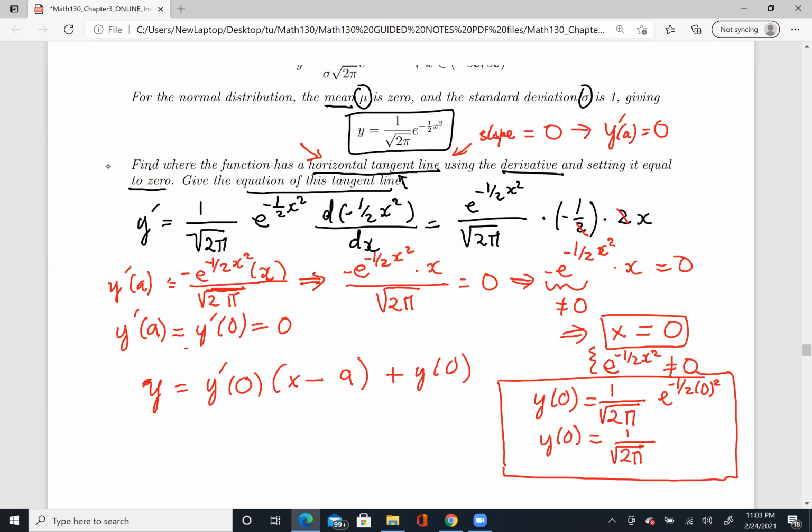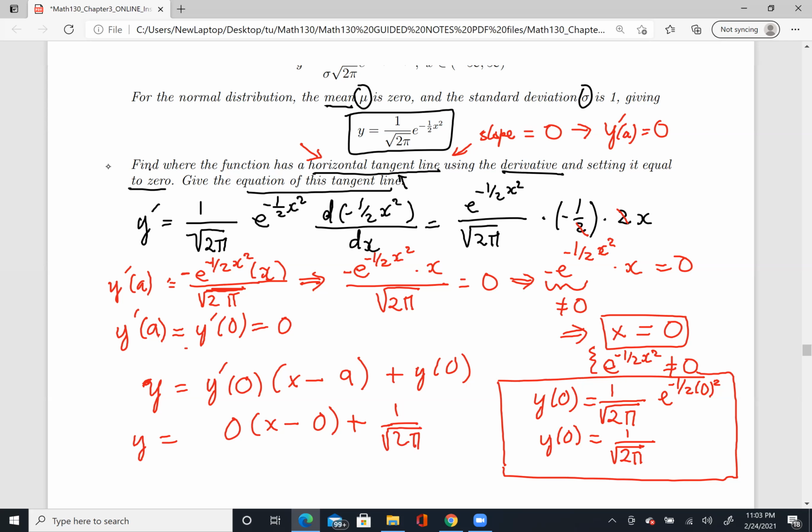Okay, so now you will have y equal to y derivative of 0, which is just 0, times x minus a, in this case actually 0. So 0, and then plus y of 0, which was 1 over square root of 2 pi.